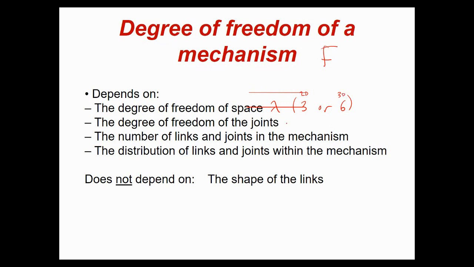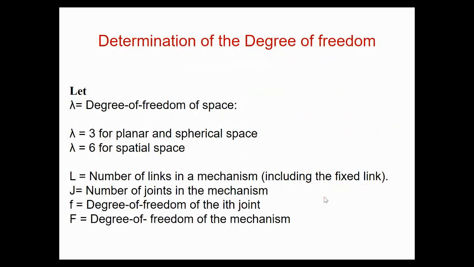Degree of freedom of the joints, you can have f equals 1, f equals 2, f equals 3, etc. Number of links and joints in the mechanism, we have to count them, and how these links and joints are distributed. But then the shape of the links, or the length of the links, is irrelevant to the degree of freedom of a mechanism.